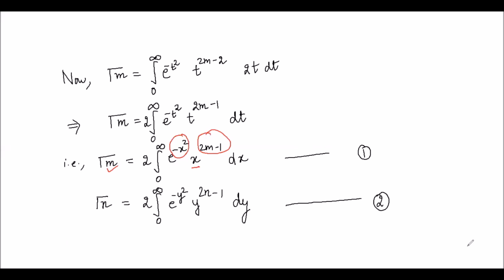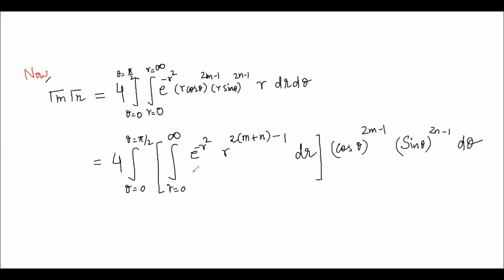And if you see this equation which we have just obtained, e raised to power minus r square. In equation 1, we were having e raised to power minus x square. So in place of x, we have here r. In equation 1, we were having x raised to power 2m minus 1. But here in place of m, what do we have? We have m plus n.